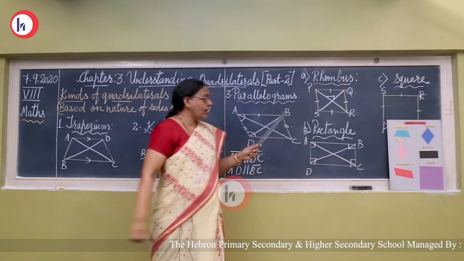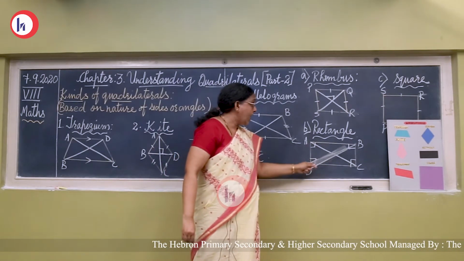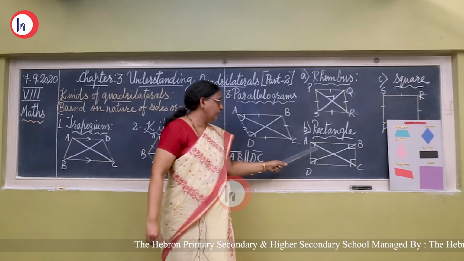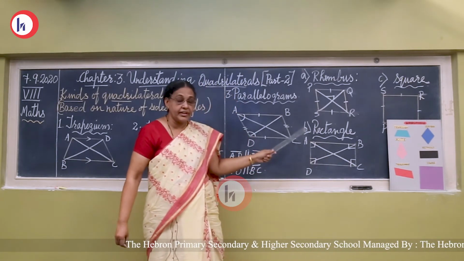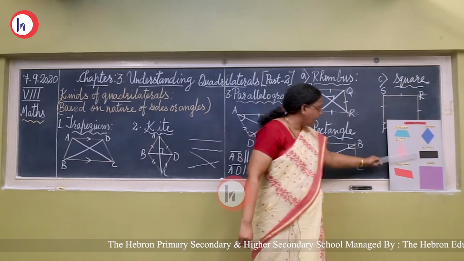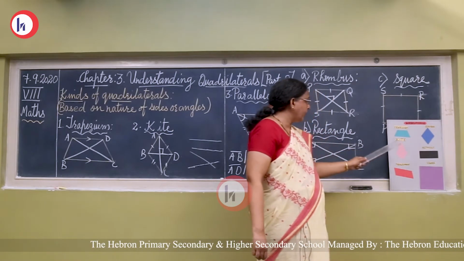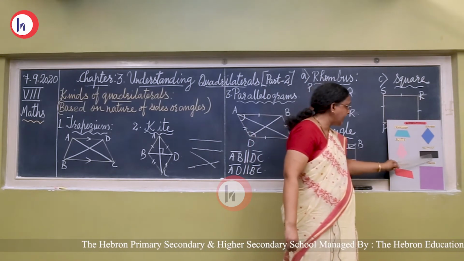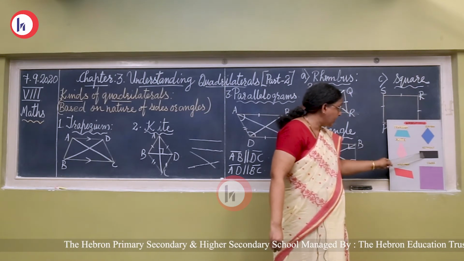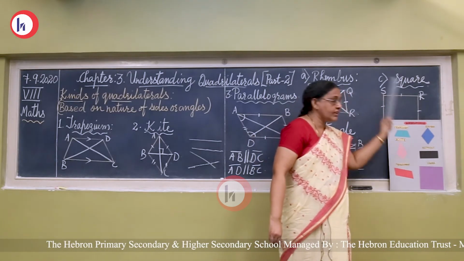They are not at a right angle, but they bisect each other, and the lengths of both diagonals are always equal. That we call a rectangle. Both pairs of sides of a rectangle are parallel, all the angles are right angles, and the diagonals are always equal in length.